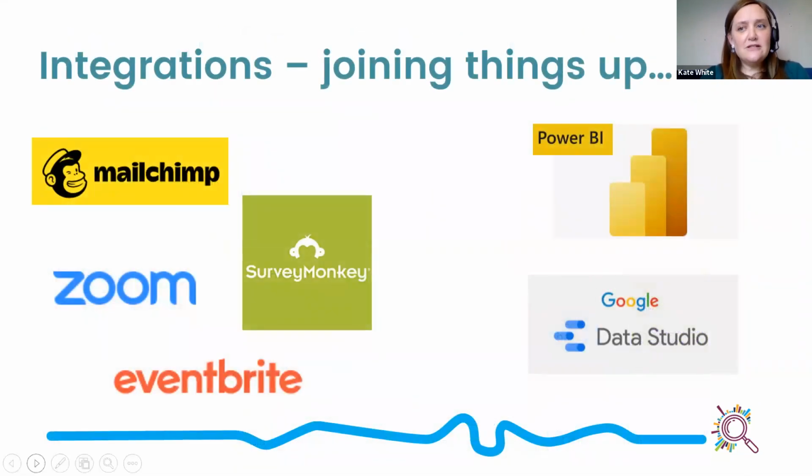The other thing we mentioned was looking at where you're using other systems. Are there opportunities to join things up? Many of the mainstream systems already have what are called APIs, which enable you to connect up, such as MailChimp, SurveyMonkey, Eventbrite and Zoom.